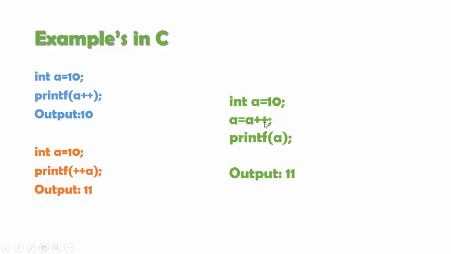So in this position the value of a is 10, and when we use this a again, the previous plus plus which remains here is going to be added to the value of this a, and the result is 11.